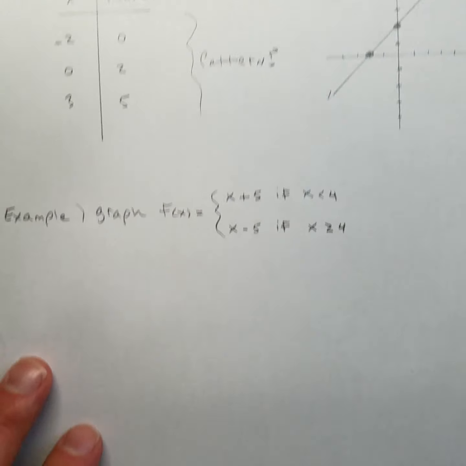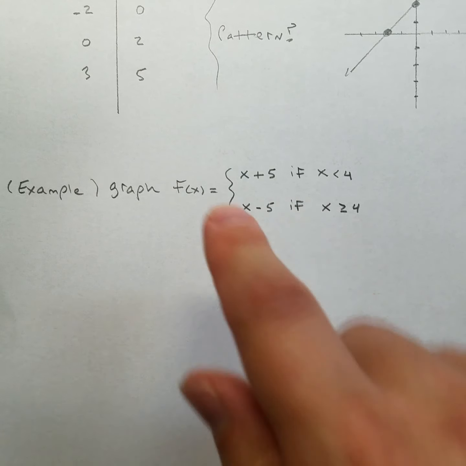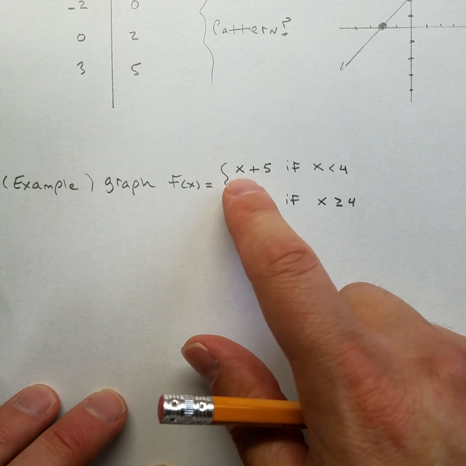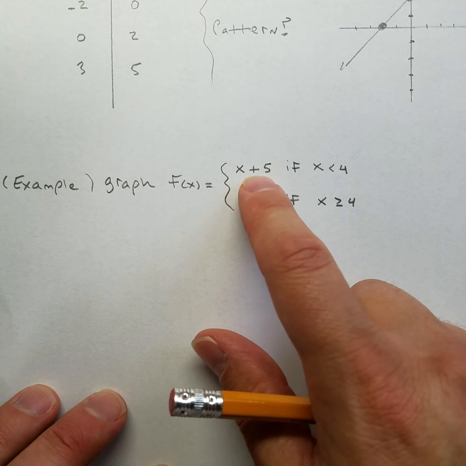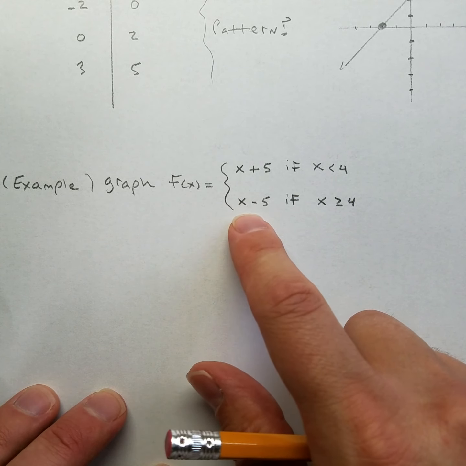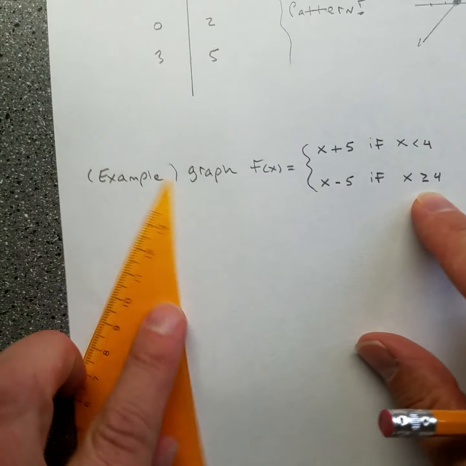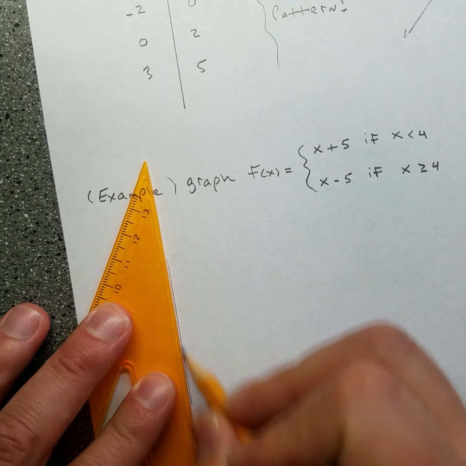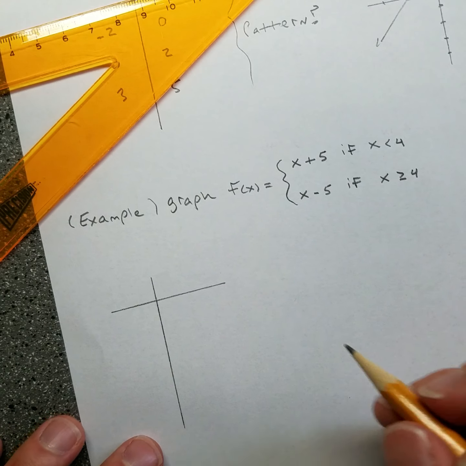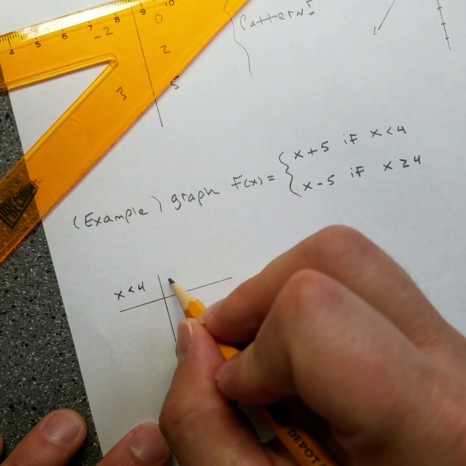Now, if we go to graph one of these piecewise functions, we do it the same way, but we have to be careful with the instructions. Remember, it says y is x plus 5 for these x's, and y is x minus 5 for those. Once you learn this, you can do it faster and find your own shortcuts.